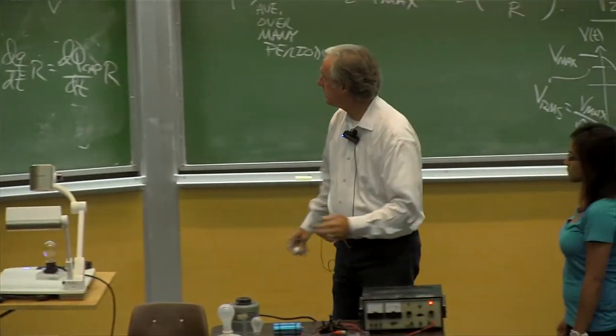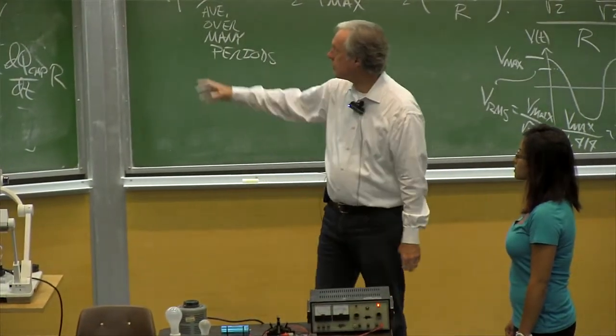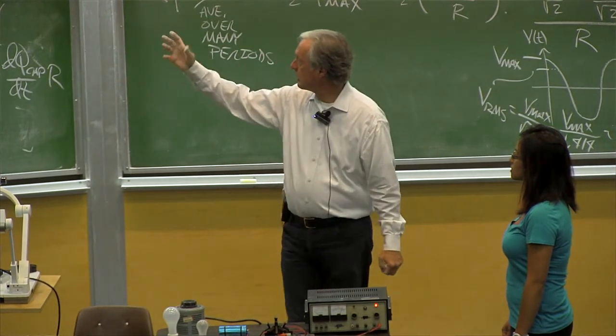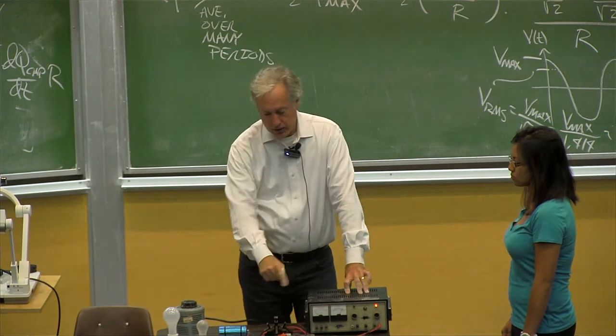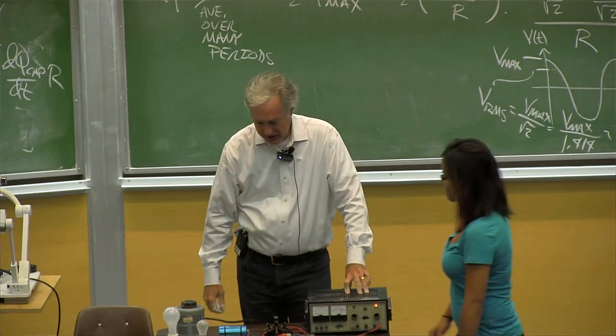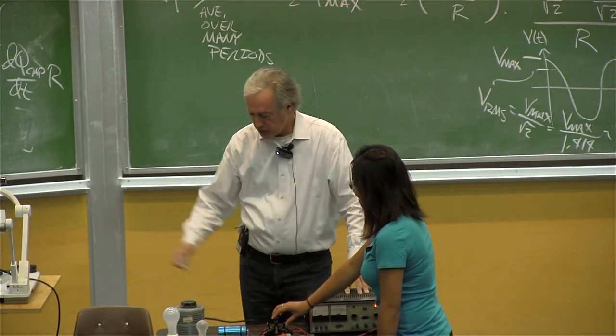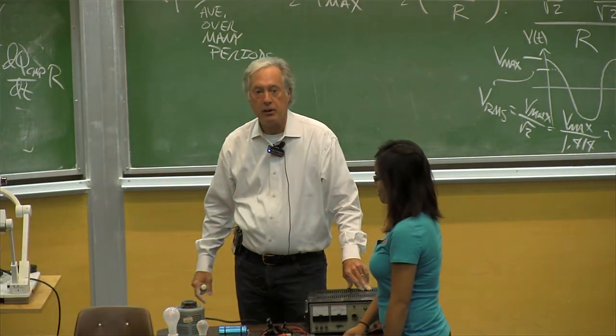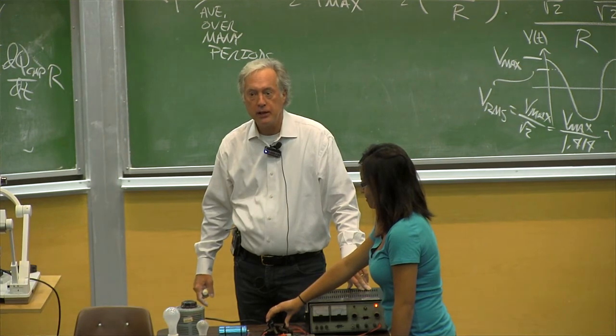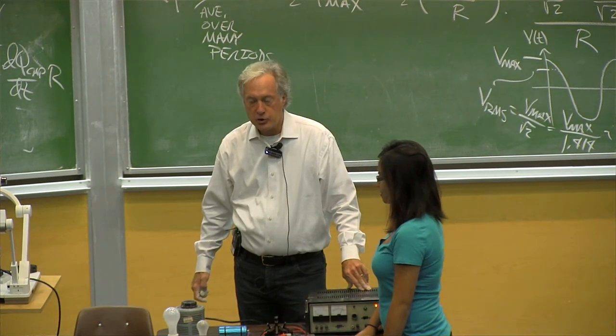So initially, the charge on the capacitor is very large. Let's see what happens. Push it this way to close it. And what happened? When was it brightest? At the start.